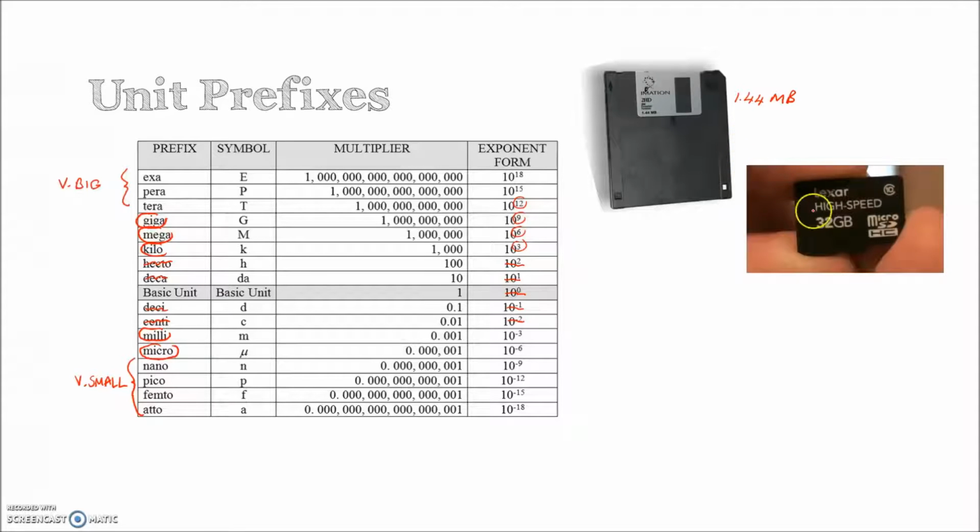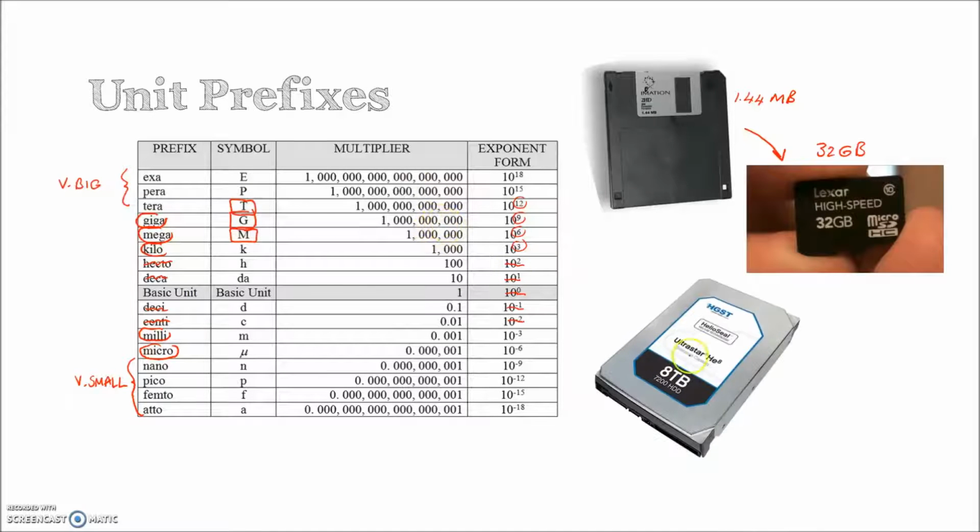Okay, then we move to a micro SD card, and this has got 32 gigabytes. Okay, so you can see here, there's the megabyte, the mega, there's the giga, and we're going to have a tera now. Okay, so then you go to another extreme where we have an 8 terabyte hard drive.